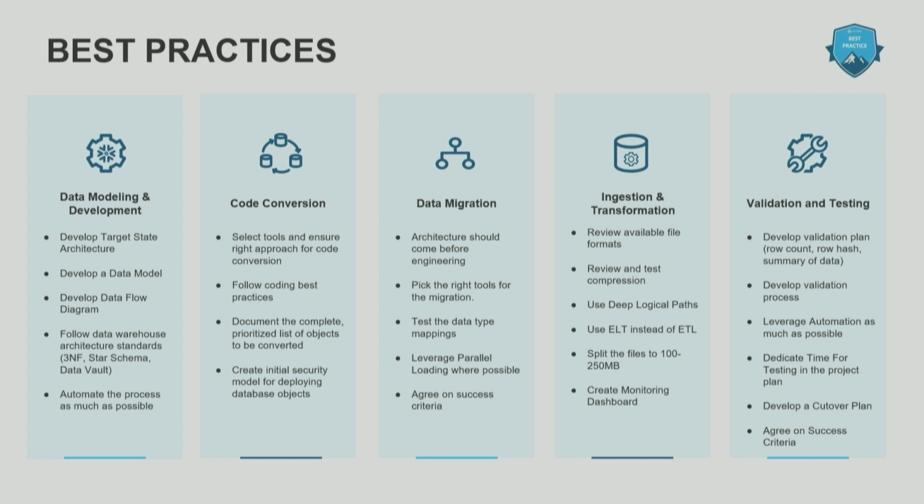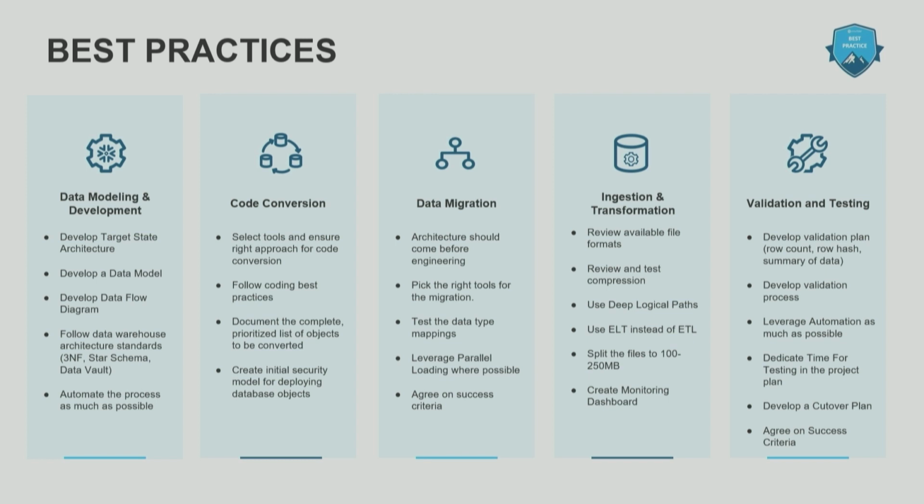Okay. Ingestion and transformation, we highly recommend you develop a data lake strategy. Split the files into 100 to 250 MB. This is very important. I'm working with one of the customers. They are seeing a huge ingestion cost.